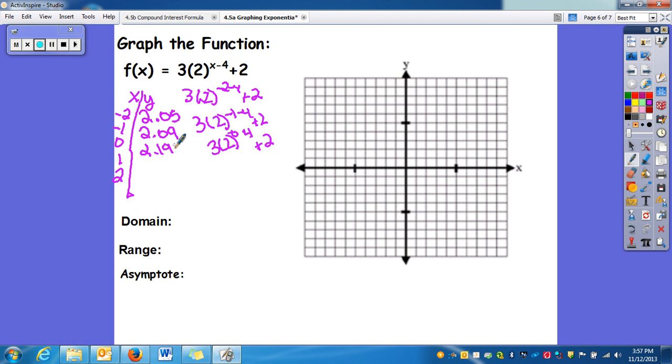And then we plug in 1, so it ends up being 2 to the -3 times 3 plus 2 equals 2.38. I'm just rounding to 2 decimal places, or a little more. And then we plug in 2, so 2 to the -2 comes out to be, because 2 minus 4 times 3 plus 2, 2.75.